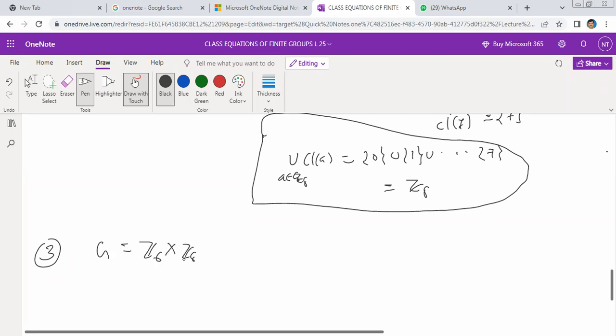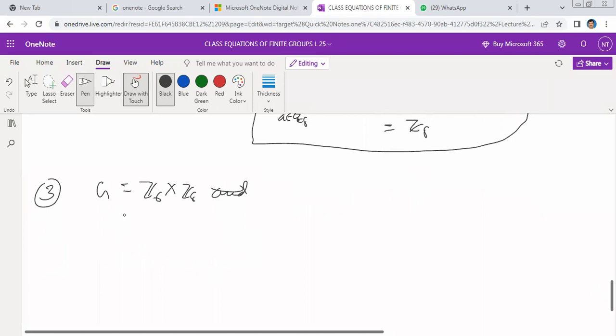This is the direct product, the internal direct product. G is the group Z6 cross Z8. What are the elements there? Can you construct this?